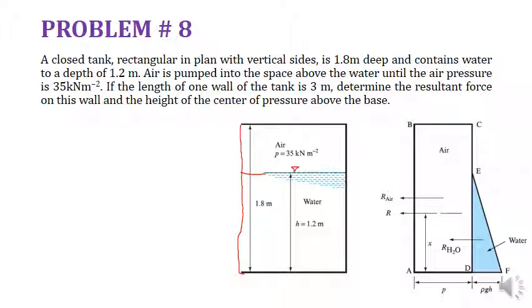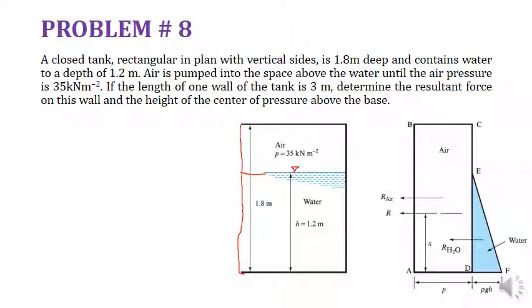If it is a closed tank, you first sketch it out, and then you sketch the level of the water, and you mention the dimensions: water depth 1.2 meter, and total depth of the tank equal to 1.8 meters. Now next, air is pumped into the space above the water. You can see over here 1.8 meters minus 1.2, it will be 0.6 meters left above the surface of the water within the closed tank.